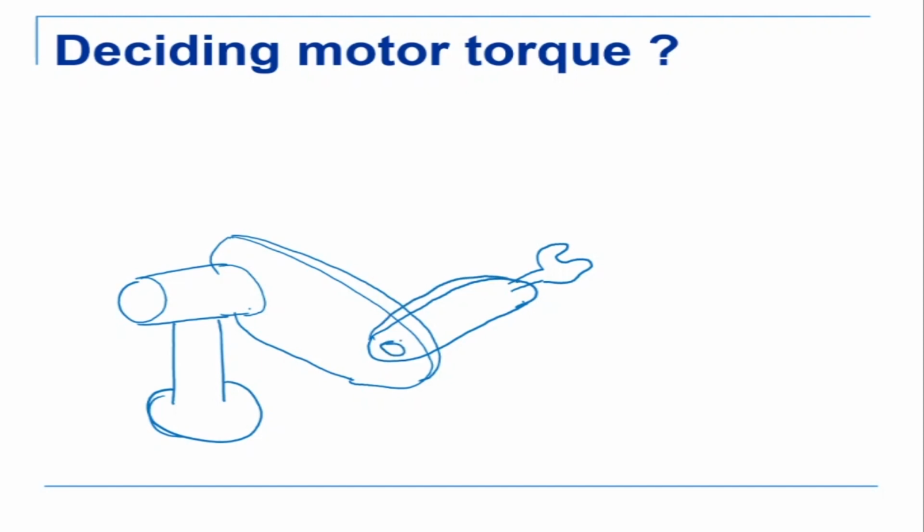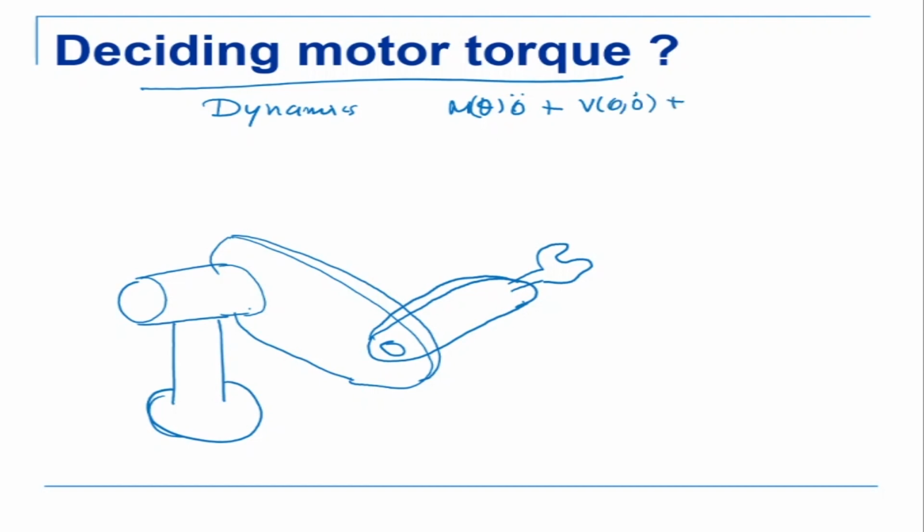So this is my robot, and I want to decide which actuator to put where. The first thing I need to do when deciding motor torque is the dynamics. Our dynamic equation becomes M(theta) theta double dot plus V(theta, theta dot) plus C(theta) is equal to tau.